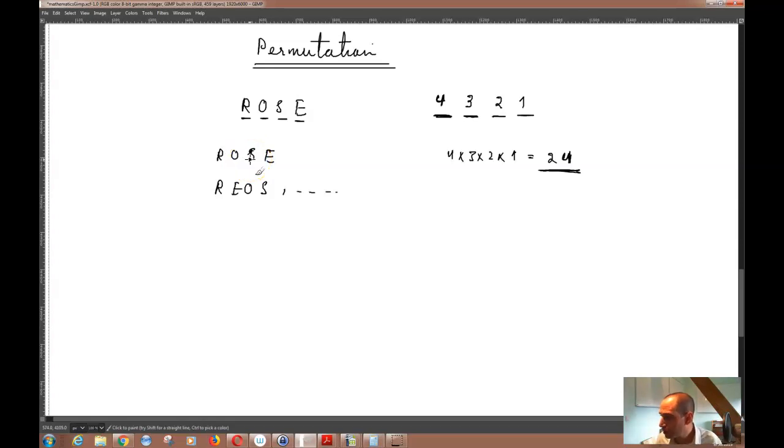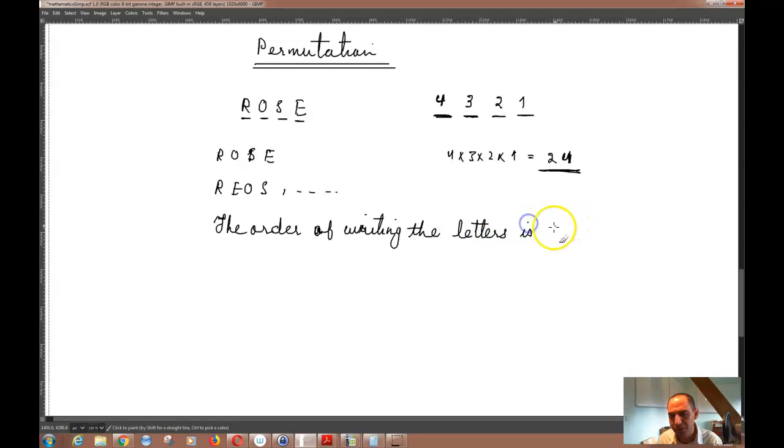So the order of writing the letters is important. In this example, the order of writing the letters is important.